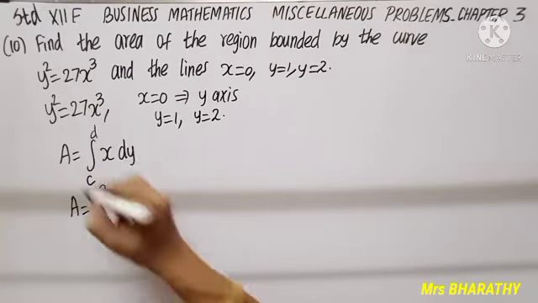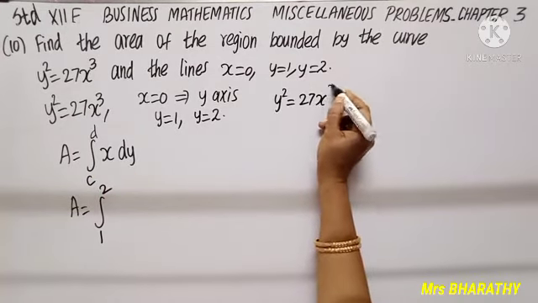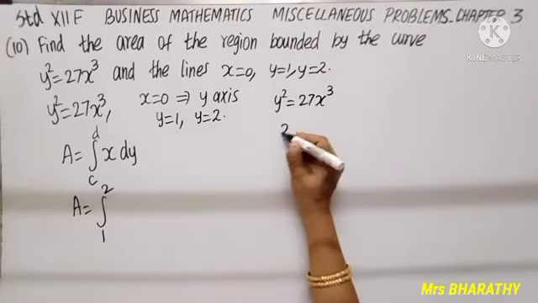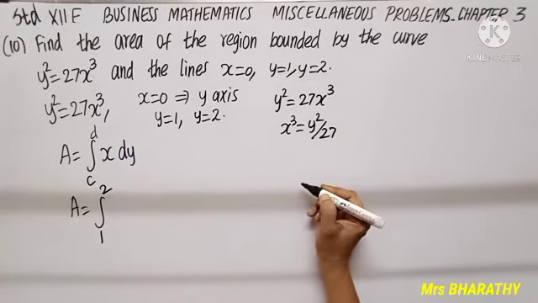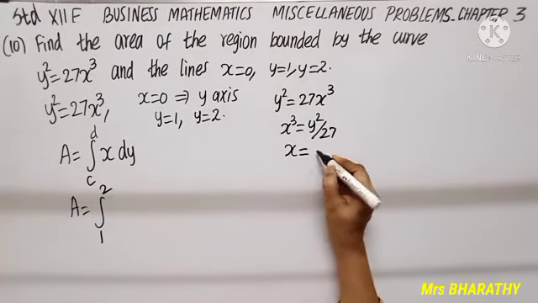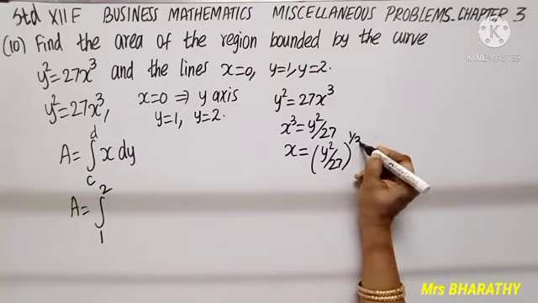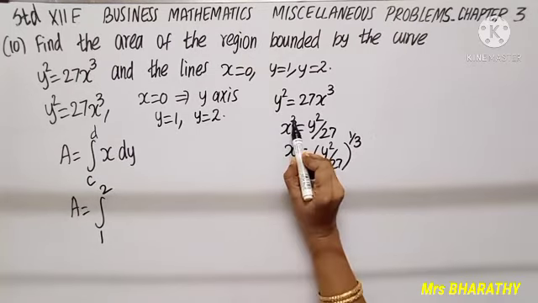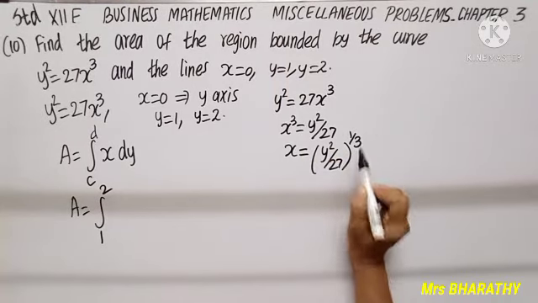Here the limits are 1 and 2. What is x from this question? Y square equals 27x cube. So what is x cube? Y square by 27. So what is x from here? Y square by 27 whole power 1 by 3. This side power 3 goes to the right as power 1 by 3.